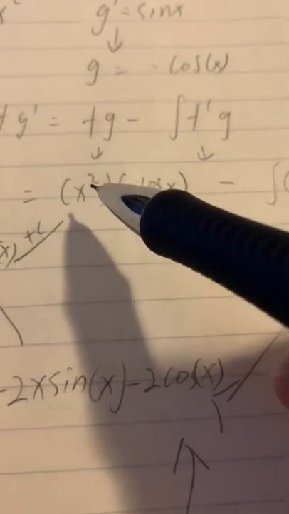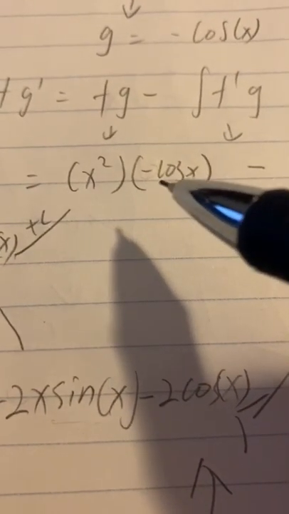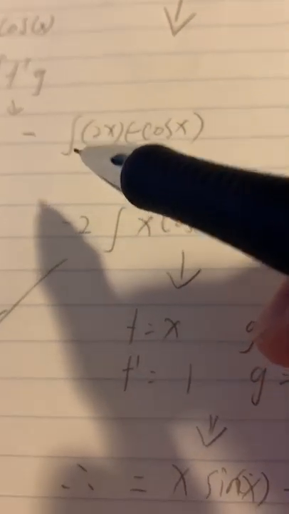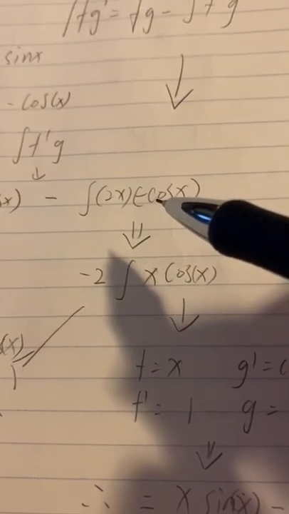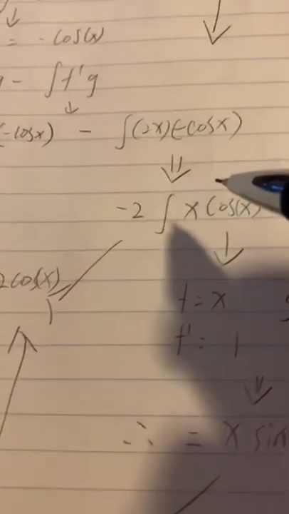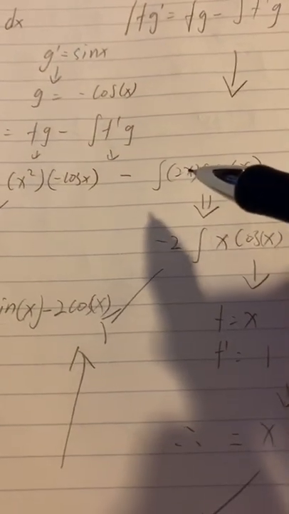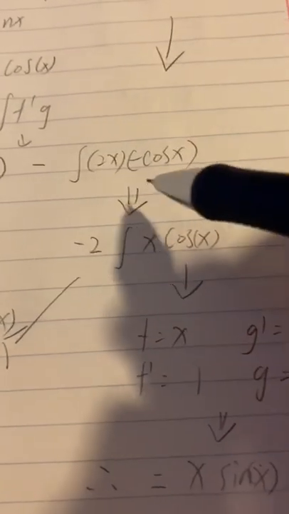Putting this into the formula, we get x squared multiplied by negative cosine x minus the antiderivative of 2x multiplied by negative cosine x. So the antiderivative is only here, and we just solve this part.